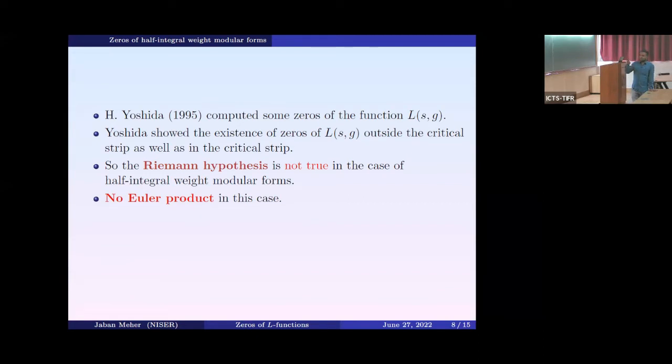Mostly people say that if you do not have an Euler product, you cannot expect a Riemann hypothesis. So the question I asked is: do we have infinitely many zeros, at least for this example, on the critical line?